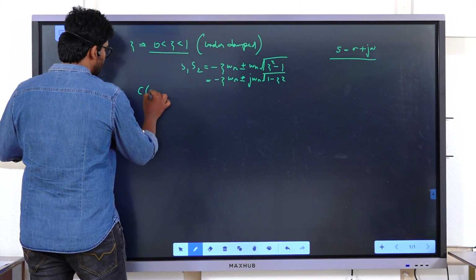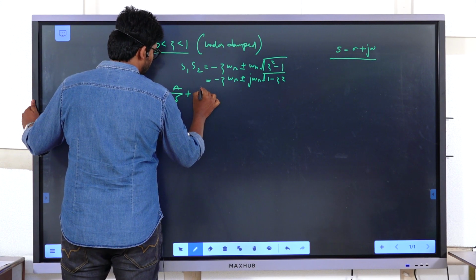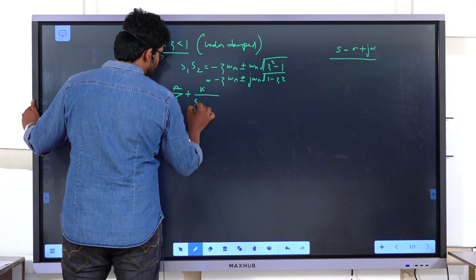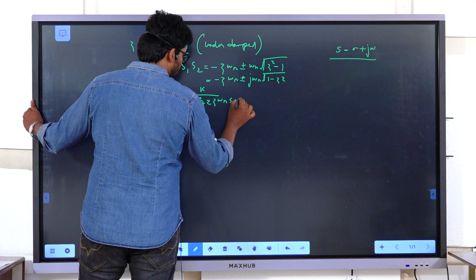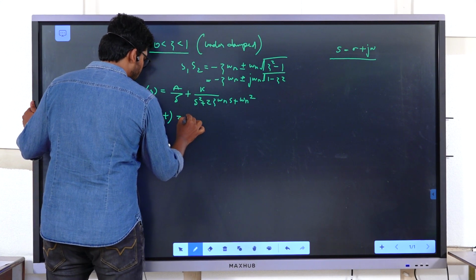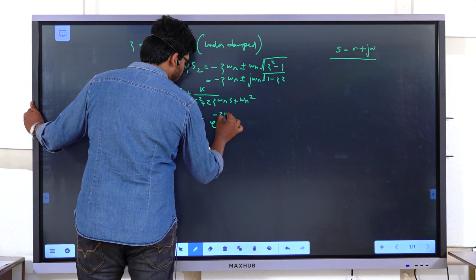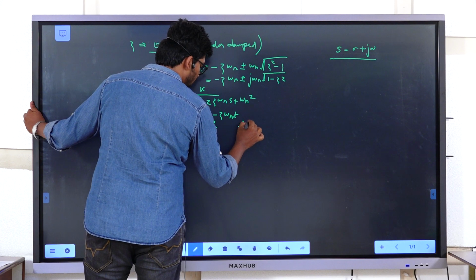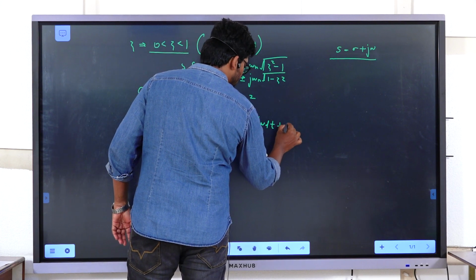So let C of S equal to A plus some K by S square plus 2 zeta omega n S plus omega n square. The response for this system is A plus e power minus zeta omega n t sine of omega d t plus theta.